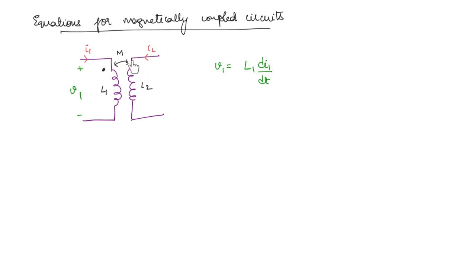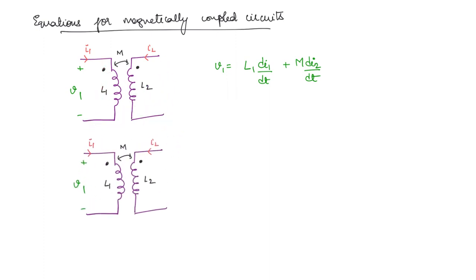Now the current is flowing through the dotted terminal, into the dotted terminal. So the polarity here will be positive. Okay, and we have taken the V1 polarity to be positive here. So that means you can add plus M di2/dt. When you're talking about mutual inductance, it will be the current through the other coil.